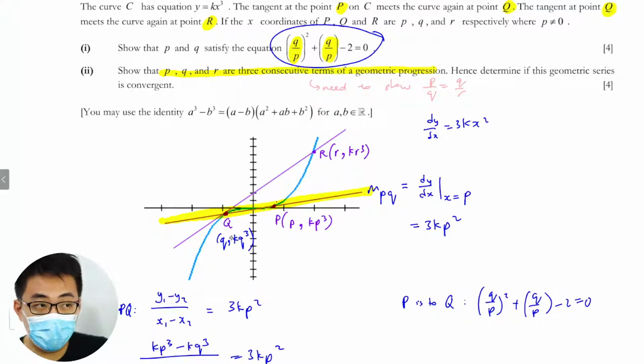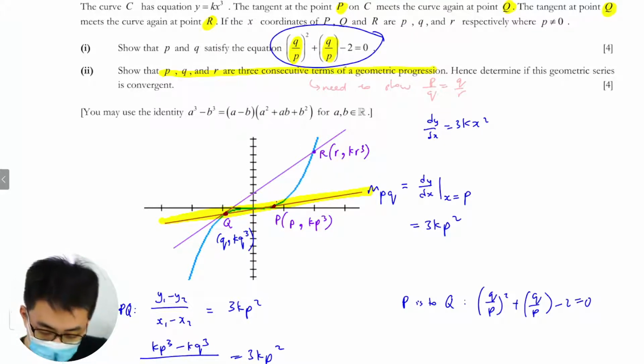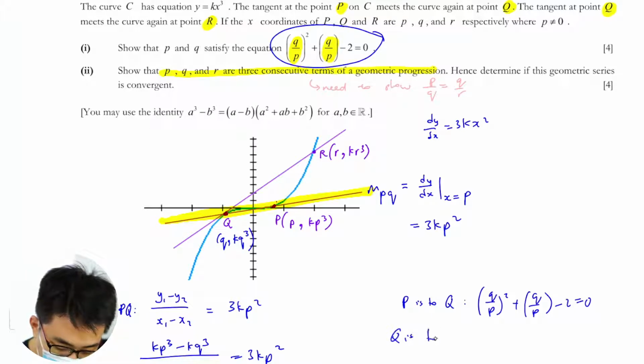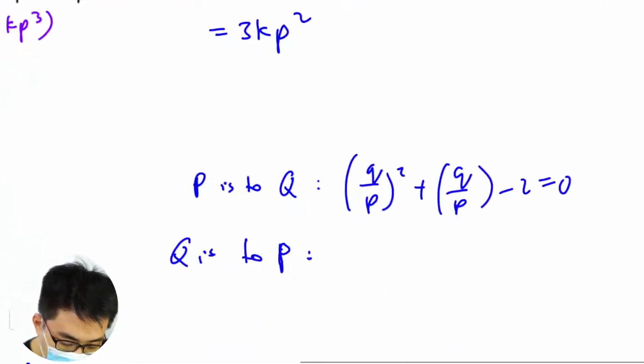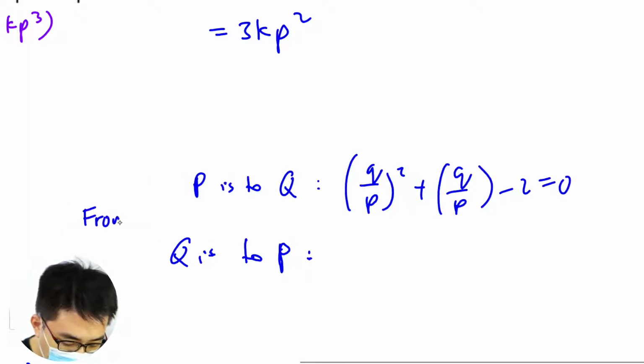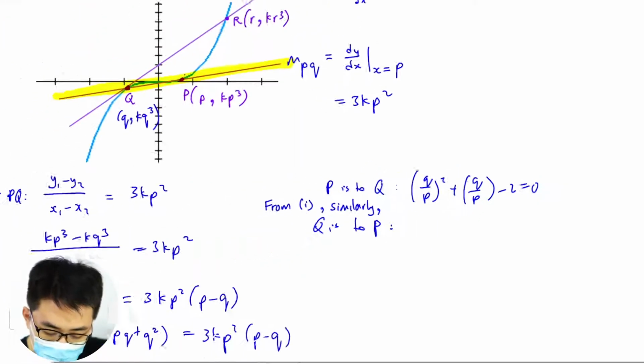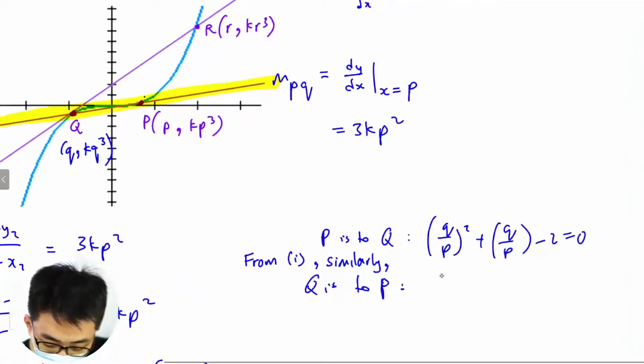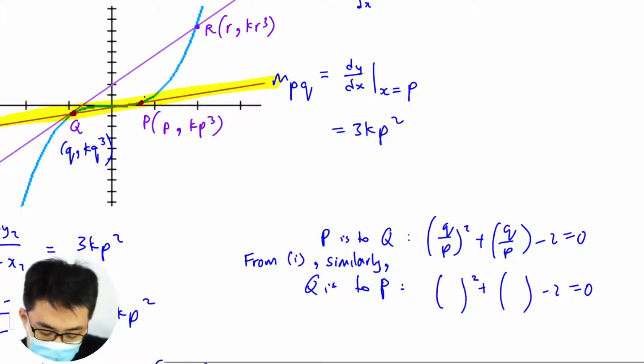So similarly, if Q is a tangent to R, so Q is to R, from 1, similarly, you get the same result here.